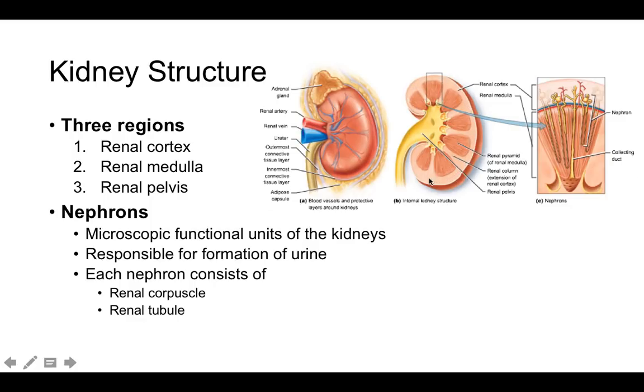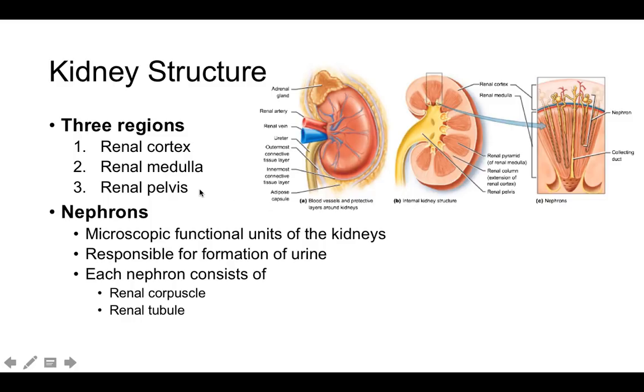The cortex is always the most external portion. And then we have the renal medulla. And then we have the pelvis. And the pelvis is where each of the collecting ducts from the nephron over here, which is the functional unit of the kidney, all come together. And when we get here, we form the urine. It travels down the ureter and is stored in the urinary bladder.